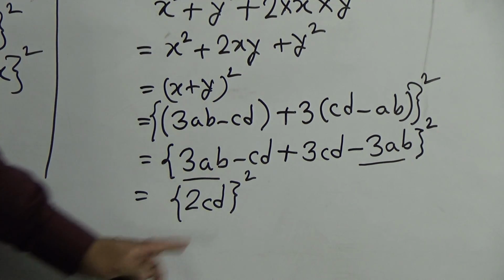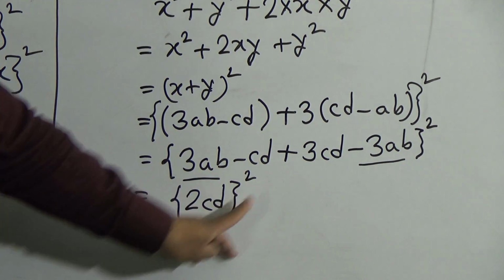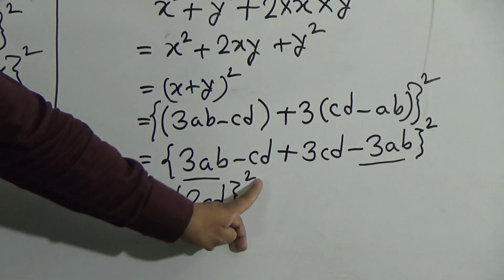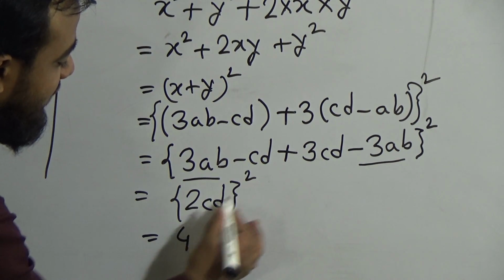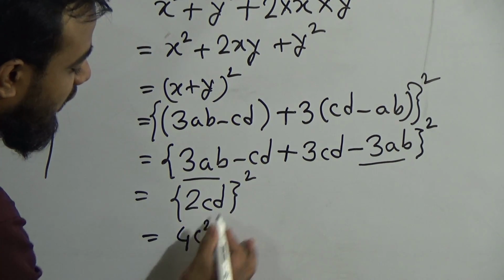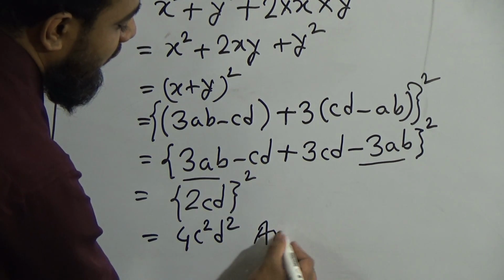Now dear students, this 2CD whole square means 2 has the square, C has the square, and D has the square. That means 2 square equals 4, C square, and D square. This is our required result, my dear students.